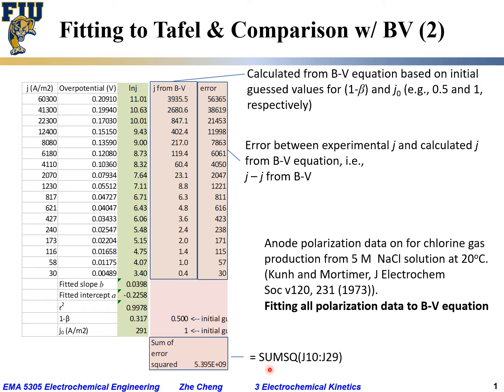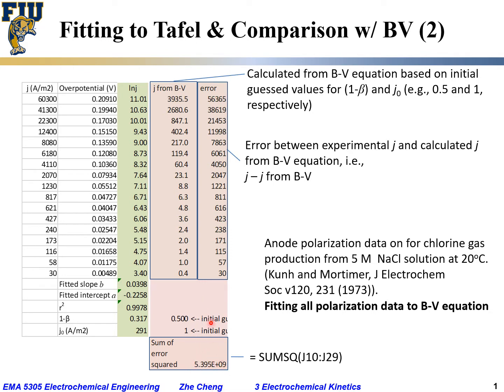In Excel, there's a function called SUMSQ, which for each of these errors does the square term and then adds them all up together. And the sum of error squared value is stored in this cell.